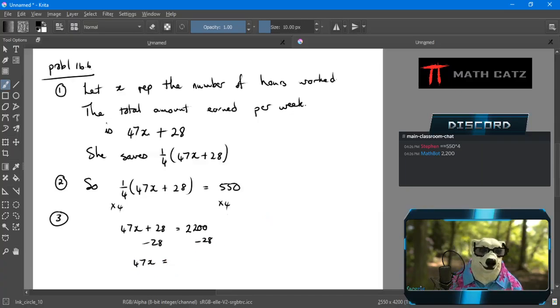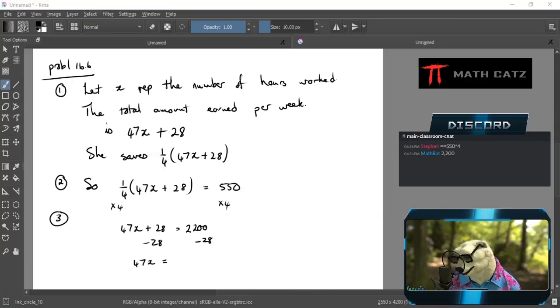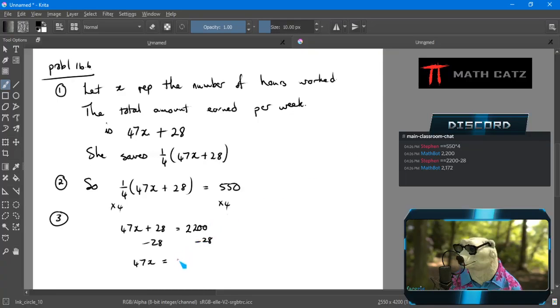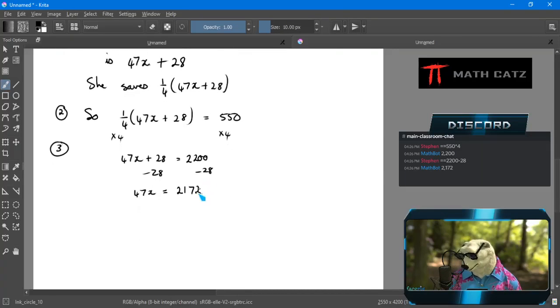I really just use it so we can see something in the chat since no one is really saying anything. MathBot can say something. And we get 2172. Then we divide both sides by 47.